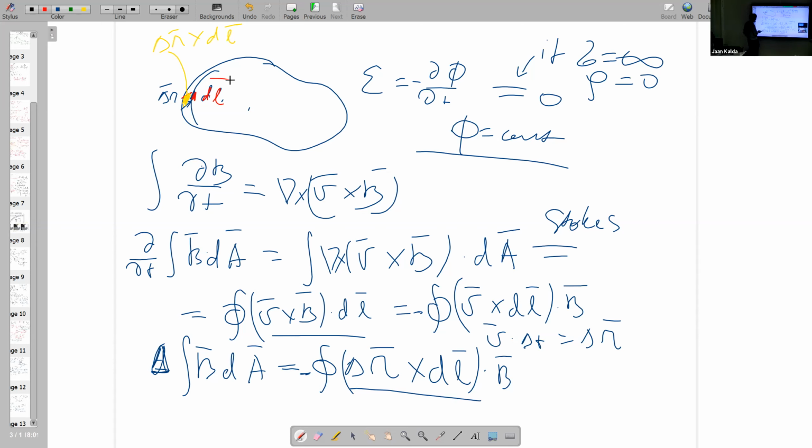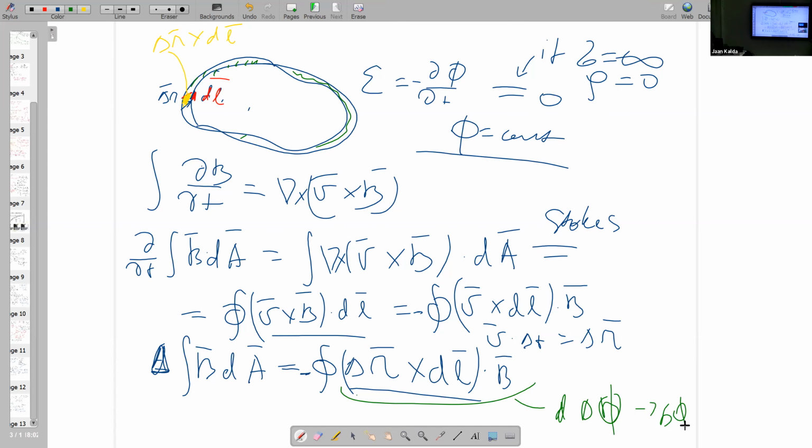So we see that if we integrate over the whole contour, we will have the total area difference, the magnetic flux difference, because we take this surface area dot product with B. So the whole thing together is the delta of B dA. If we integrate, we can obtain the total change of magnetic flux, surface area multiplied by B. This is all going to be a total change of magnetic flux.